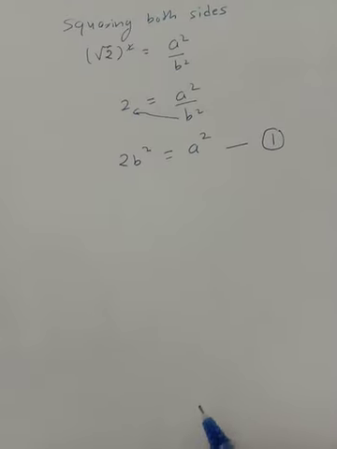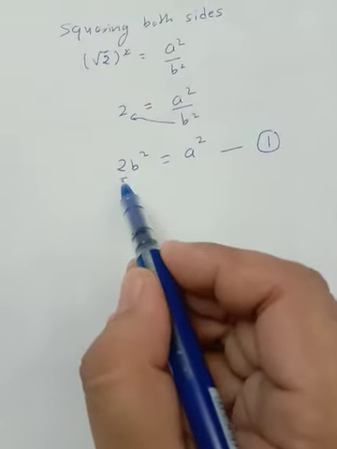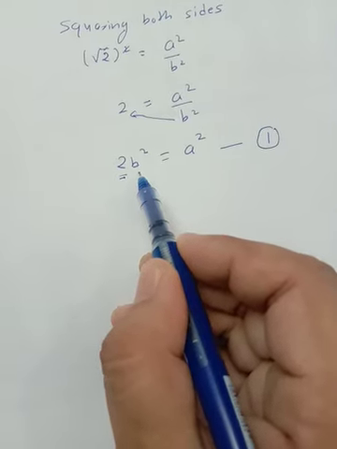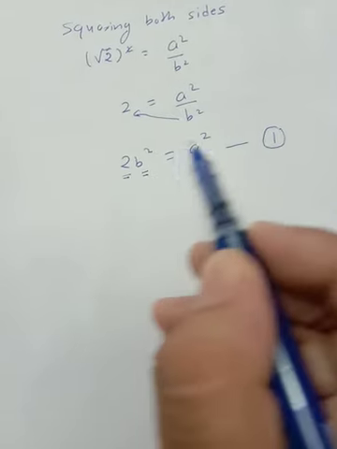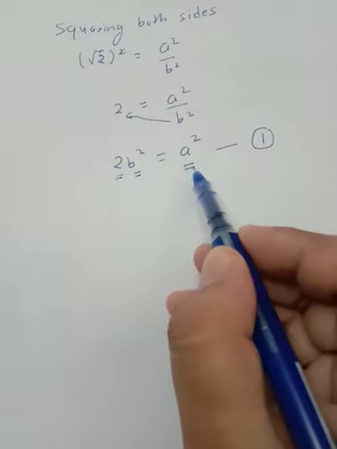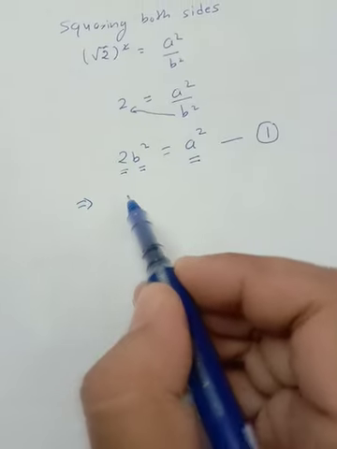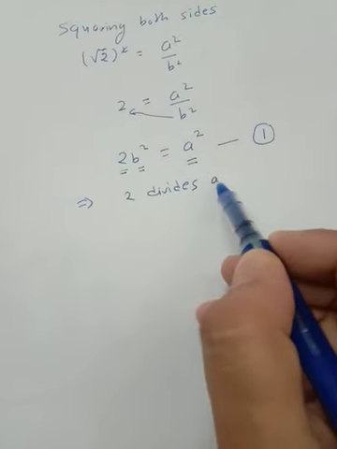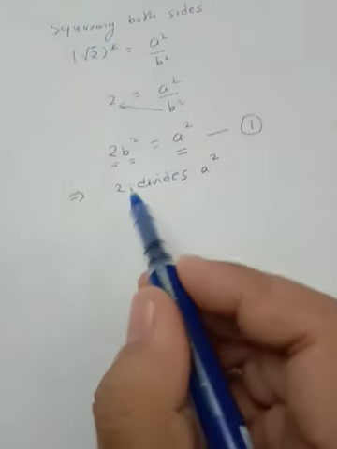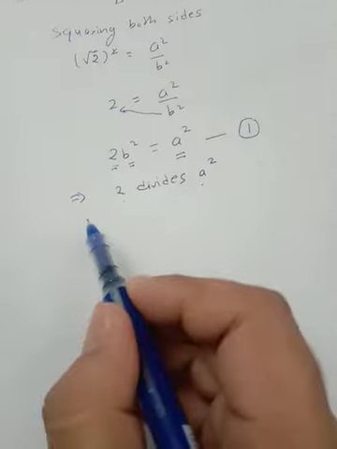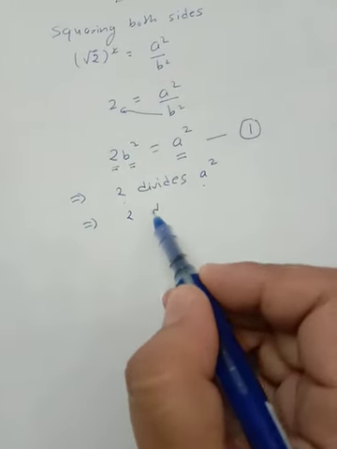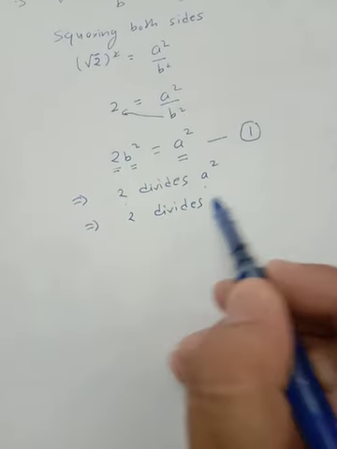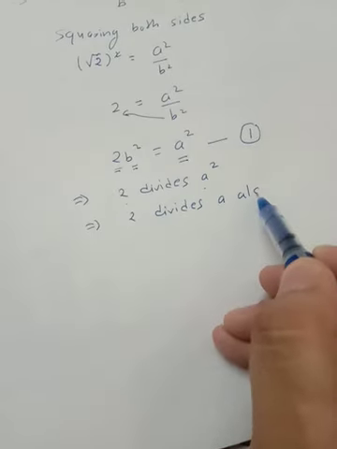Now think what we have to observe. 2 is the divisor, b square is the quotient, and we are getting the dividend a square. It means our 2 divides a square. So if 2 divides a square, it means 2 divides a also.